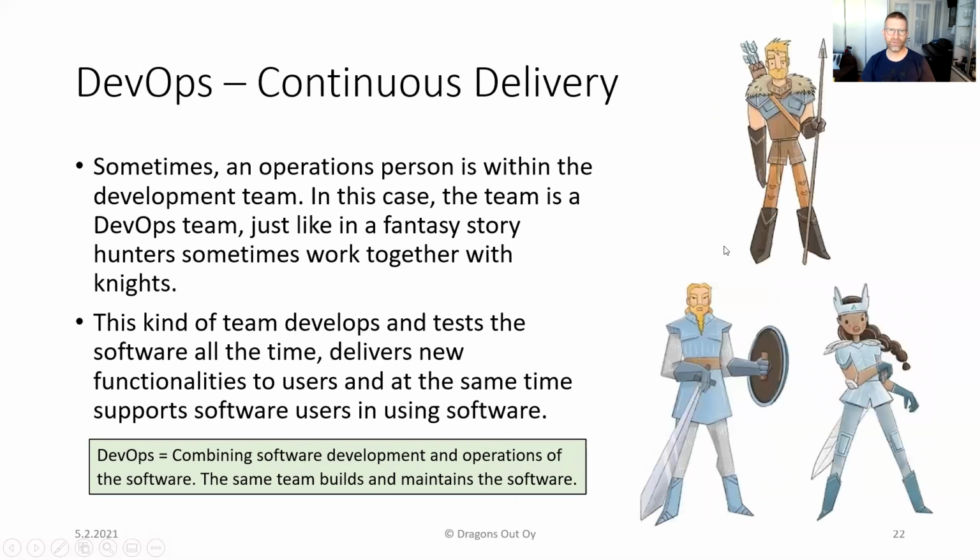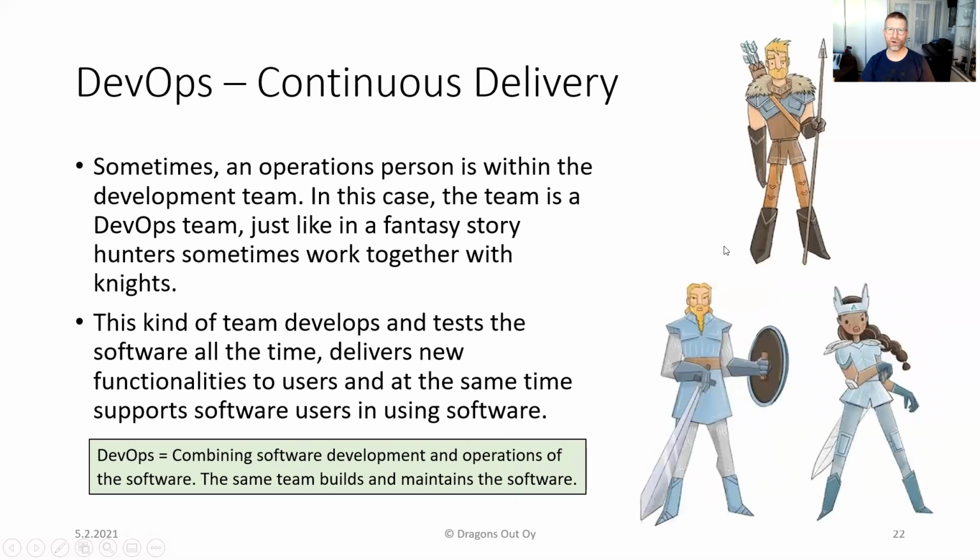There's a next slide of that also. So DevOps, also sometimes mentioned as continuous delivery, means that the operations knowledge or person is within the development team. So the team actually develops the software, runs the software, and supports the users all at the same time.